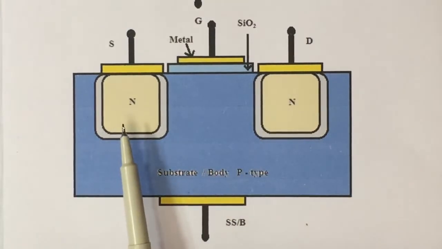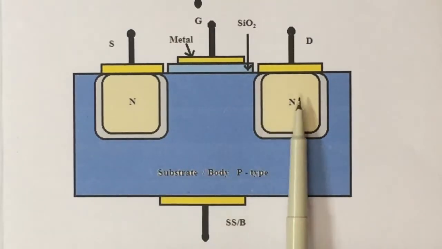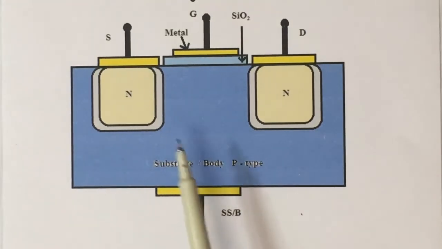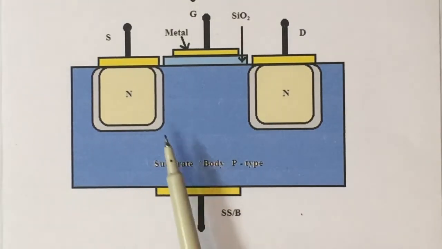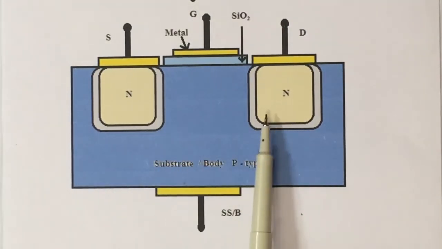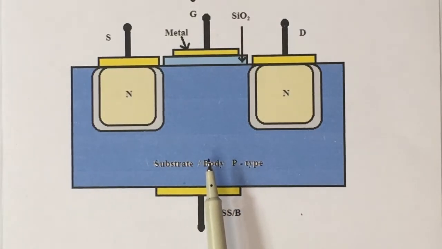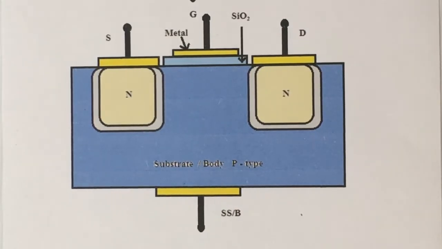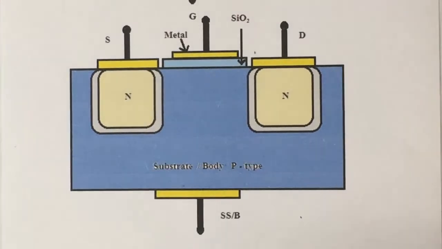One of them is known as the source and the other is the drain. We can see that there is no connection between these two regions, or we can say that initially the channel does not exist. To operate the device, firstly we have to enhance the channel between these two regions. That's why this device is called the enhancement type MOSFET.